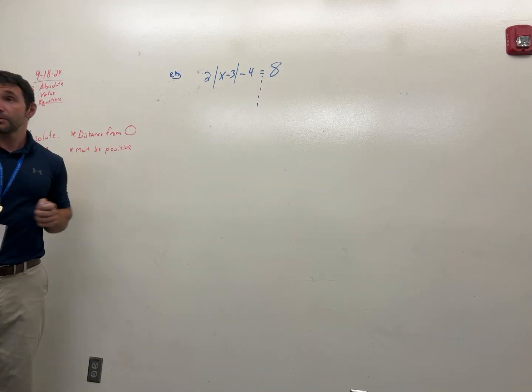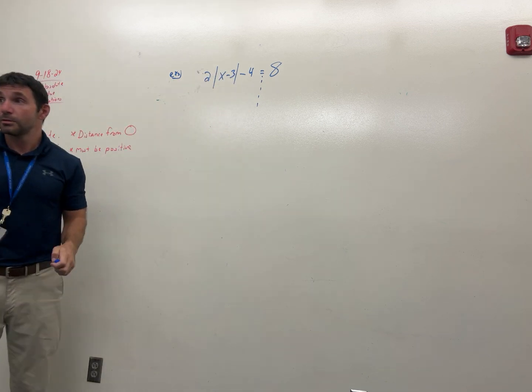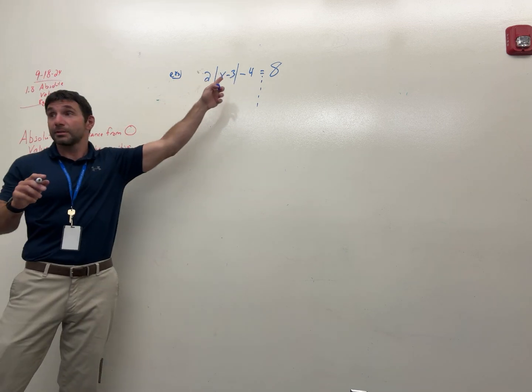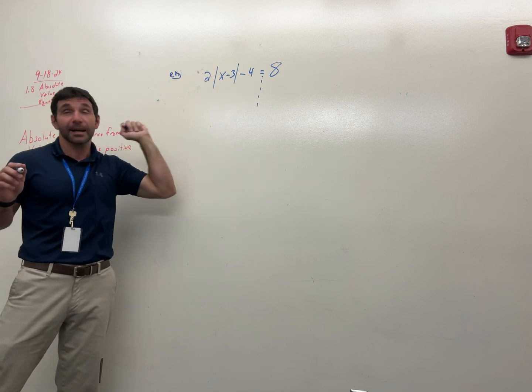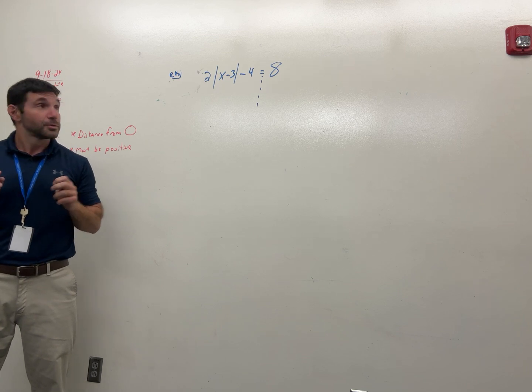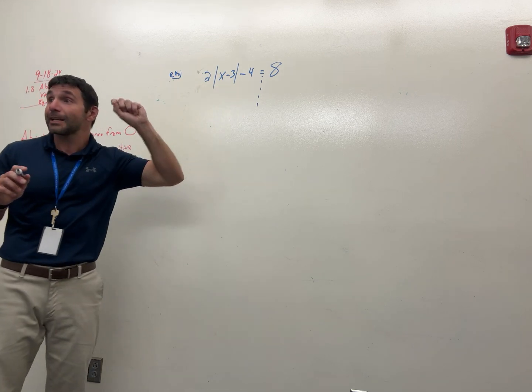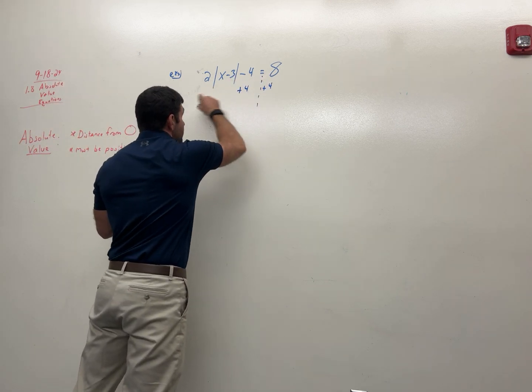What would we do first? Because this is saying 2 times the absolute value minus 4. Distribute. Well, we're not going to distribute. We're trying to isolate this. This is like saying 2x minus 4. So we have a positive 4. We move the adding and subtracting first. We add 4 first.